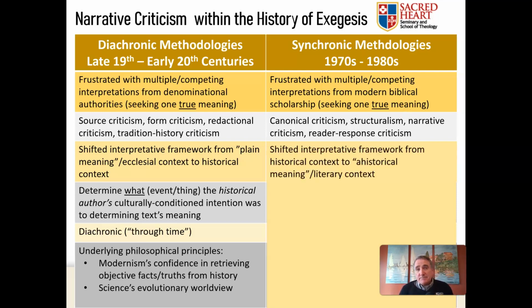As I said, when I was a graduate student, narrative criticism was a new method, just coming into its own. And the goal here was to shift the interpretive framework from the historical context to the ahistorical meaning, which was the text itself.